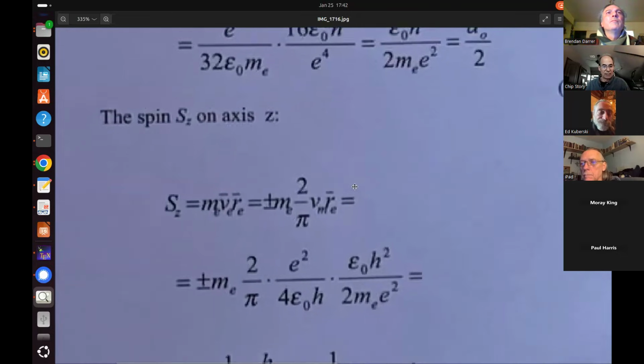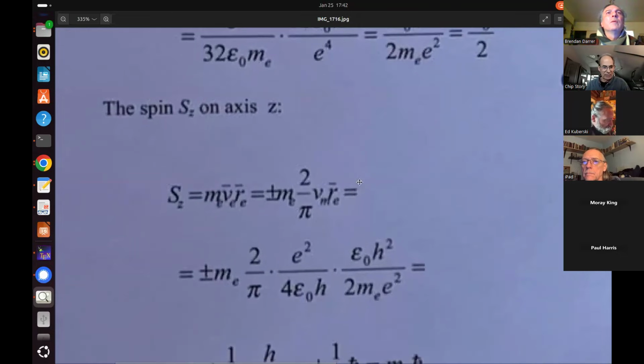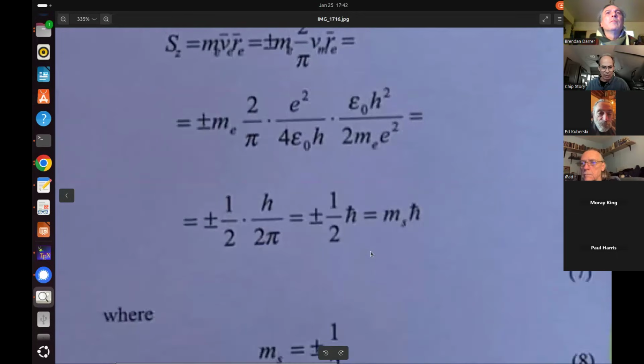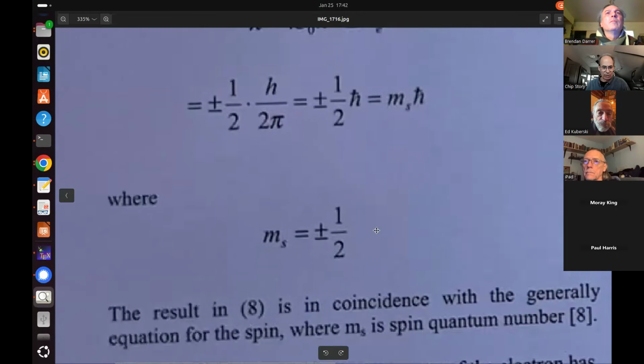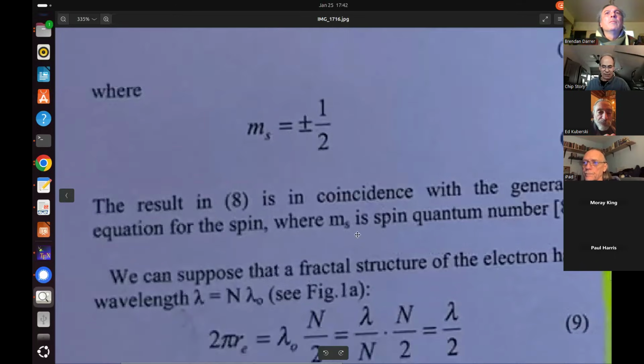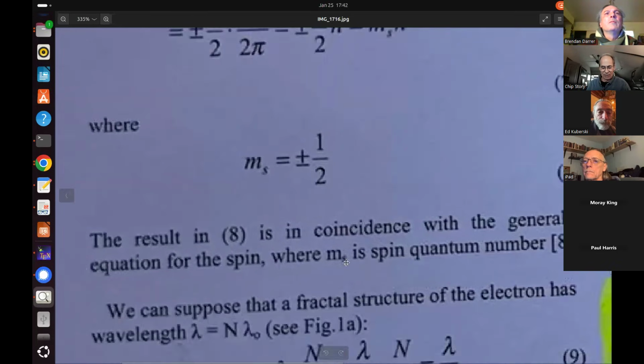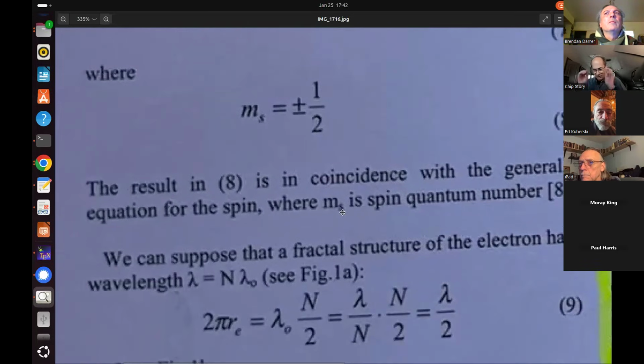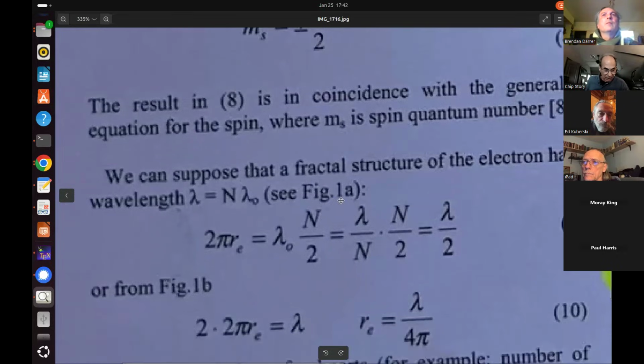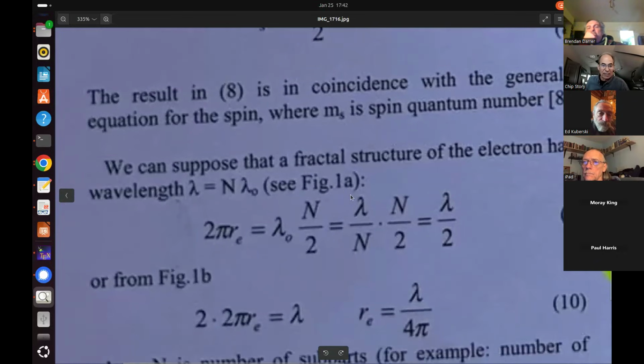There's a series of equations describing the spin S sub Z on the Z axis, and we work our way through those. And that's important right there, the M, the mass of S, plus or minus, being the spin, plus or minus one half. The result in 8 coincides with the generally understood equation for the spin, where M sub S is the spin quantum number.